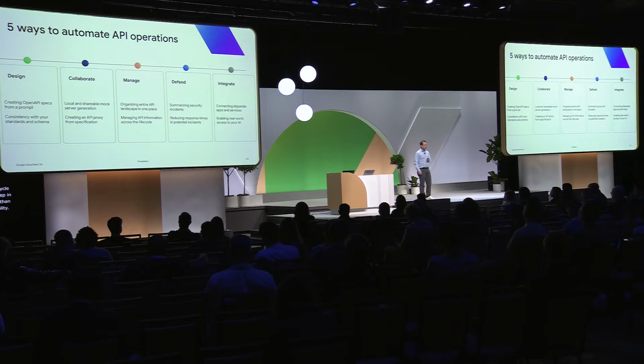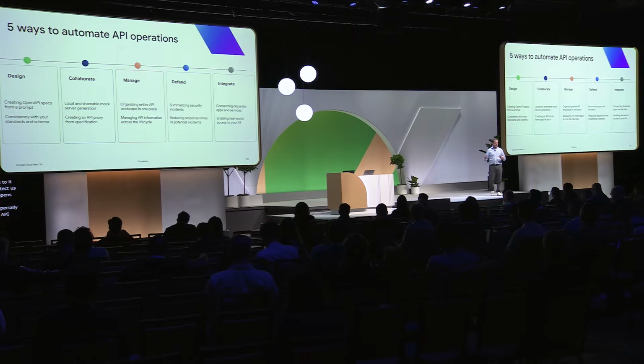So we're going to talk through designing an API, collaborating on that API design with different stakeholders, managing the API after it's been developed in terms of applying policies to it, defending the API or protecting it when something bad happens, when the API is attacked, because that happens, especially now that AI can read API specs and create code that calls APIs. As Sujin was saying, you'll see this huge inflection in both API creation and API consumption.